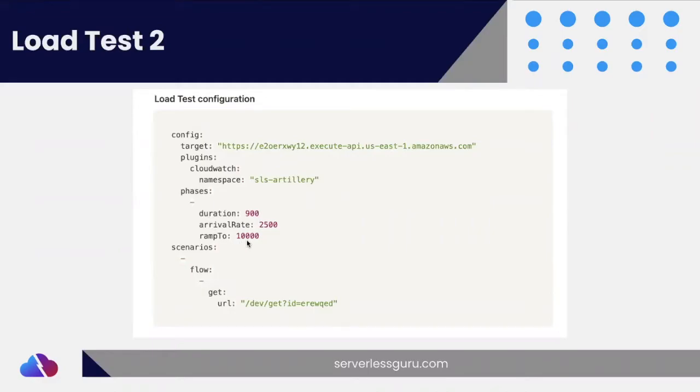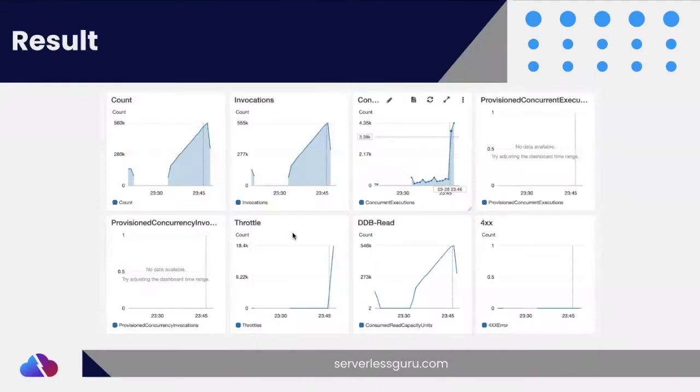If I receive 10,000 concurrent requests, it will be served. And here's the result. During this period of 15 minutes, the maximum it generated was about 9,000 concurrent requests.